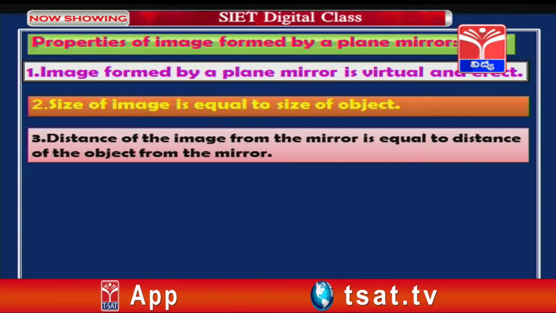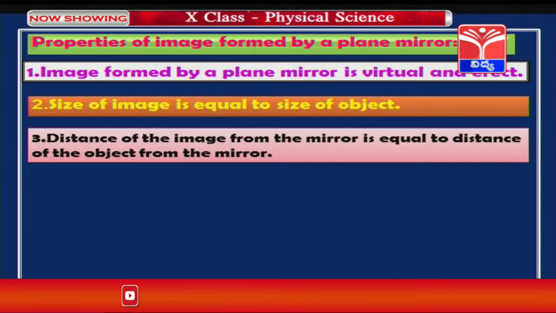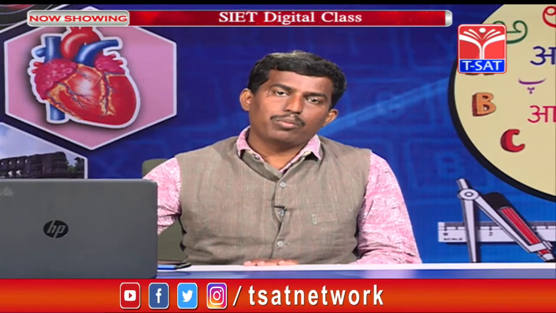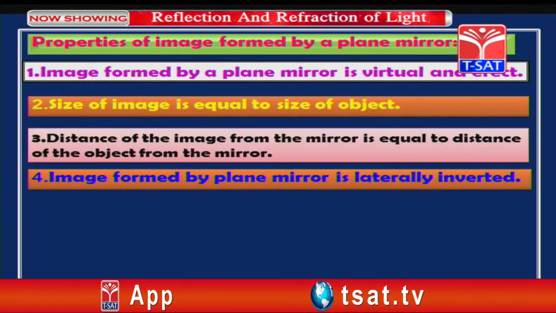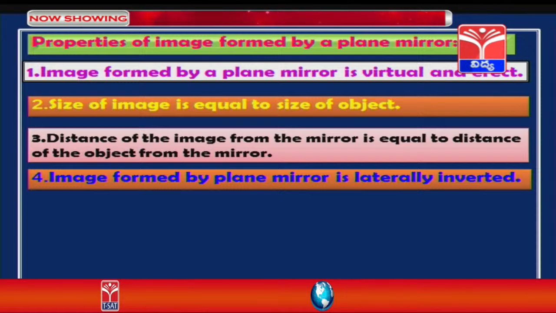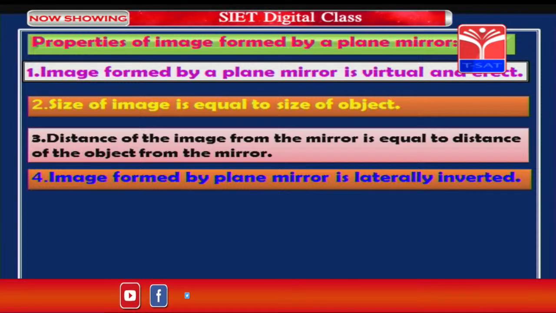Distance of the image from the mirror is equal to the distance of the object from mirror. Whatever the distance the object is located in front of the plane mirror, the image also forms with same distance from the mirror. Fourth one is image formed by plane mirror is laterally inverted.